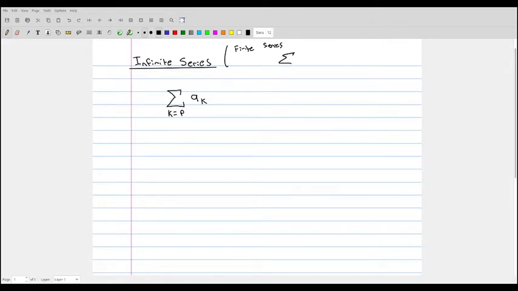where it's a sum from, say, k equals 1 or p, some starting value, up to a finite number n. An infinite series is actually a sum of infinitely many things.